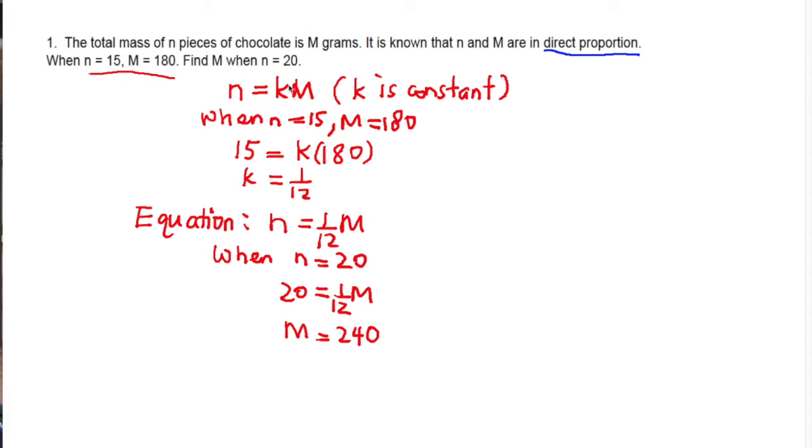Next, we need to find k in order to get the actual equation. So the second step is to find out the value of k by substituting the given values. The third part of the sum is to state the equation. And the last part of the sum is to use the equation to find other values.